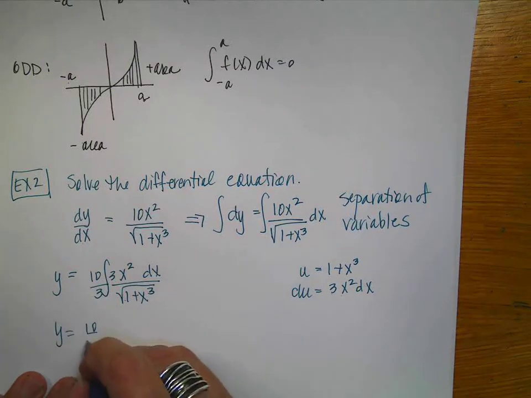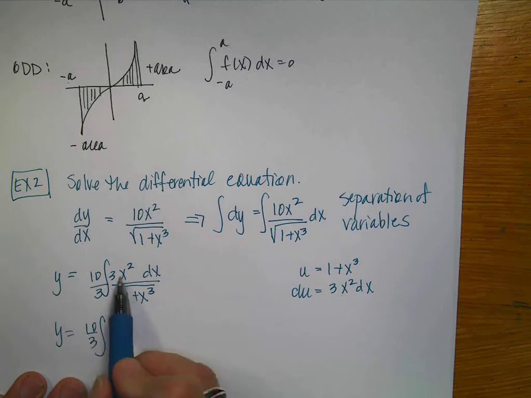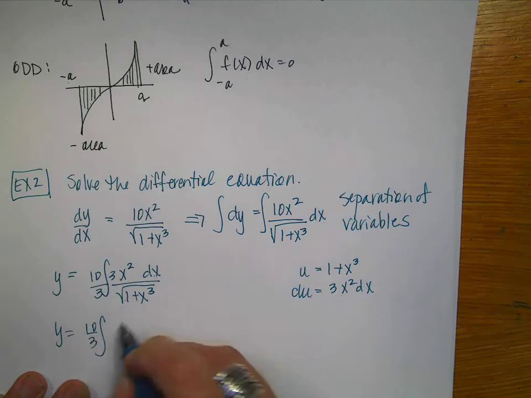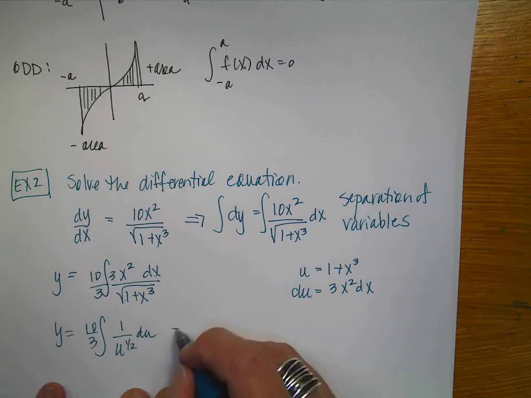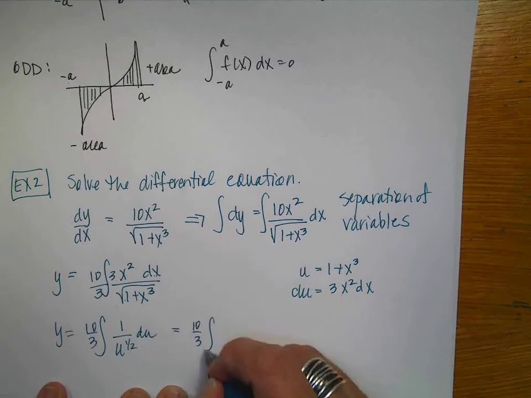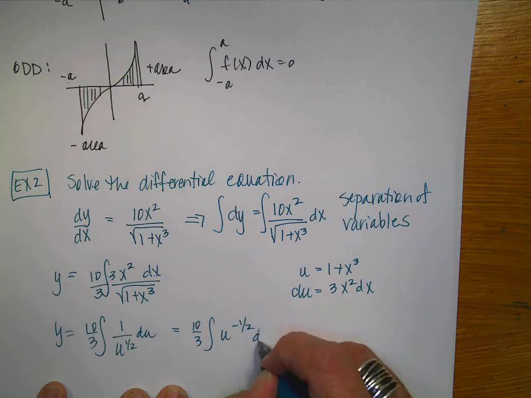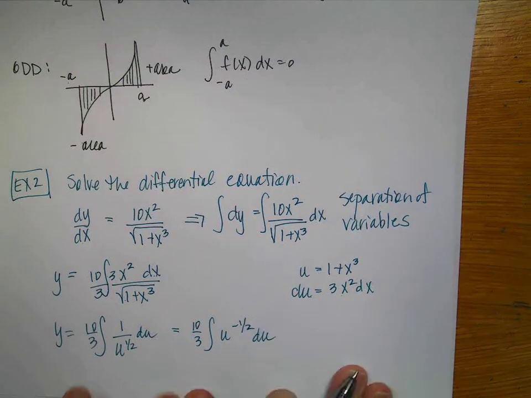So then this becomes the integral of 10 thirds. The 3x squared dx is du. And so I'm going to have 1 over u to the 1/2 du. I'm going to rewrite this as 10 over 3 integral of u to the negative 1/2 du.